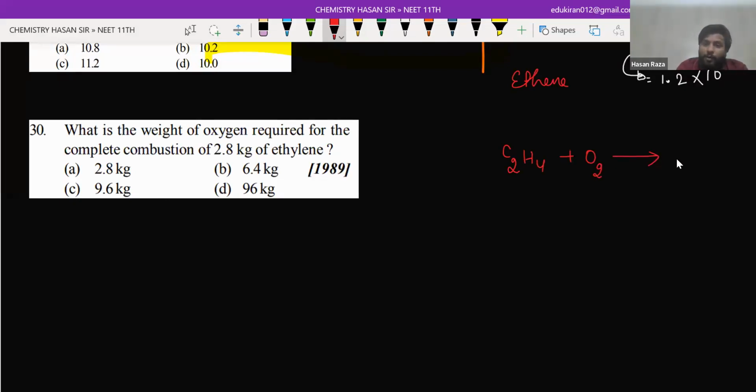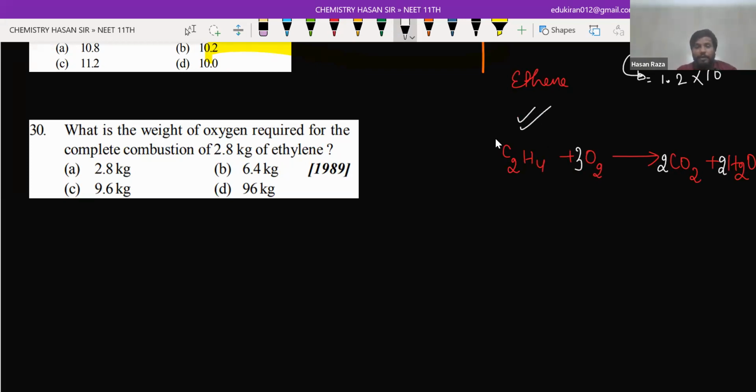Whenever hydrocarbon burns, you have studied this in class 10th, CO2 plus H2O is formed. You can balance this. How many carbons are there? 2 carbons. So carbon is balanced. Hydrogen is also balanced. Now the oxygen 2 to the 4, 2, 6. Now this is a balanced chemical equation.